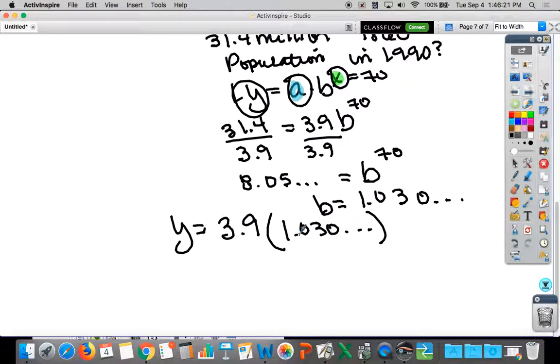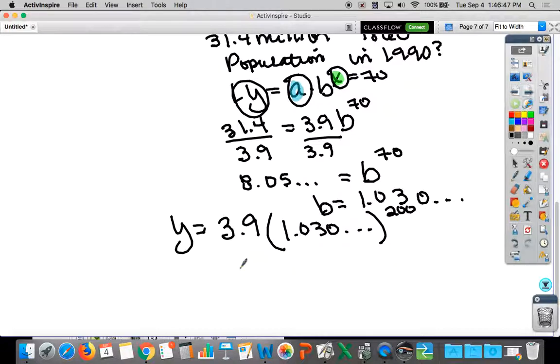What will my power be? What will my x be? 200. And how do I come up with 200? 1990 minus 1790, because my initial time, my t sub 0, is 1790. So that's going to be 200 years later.